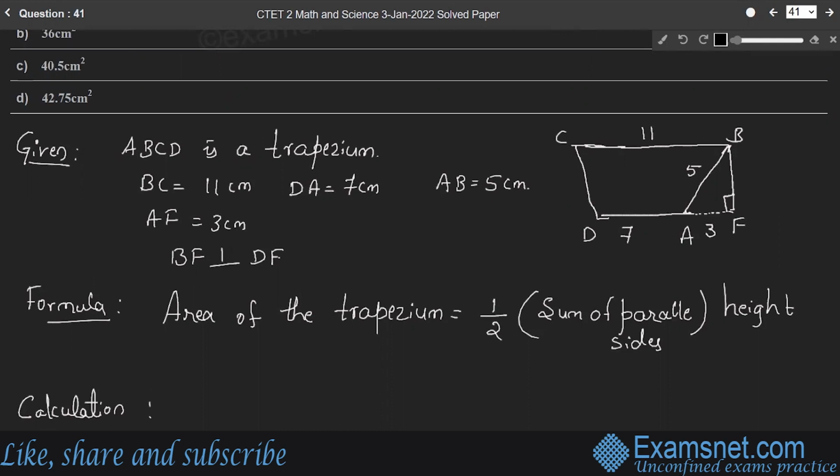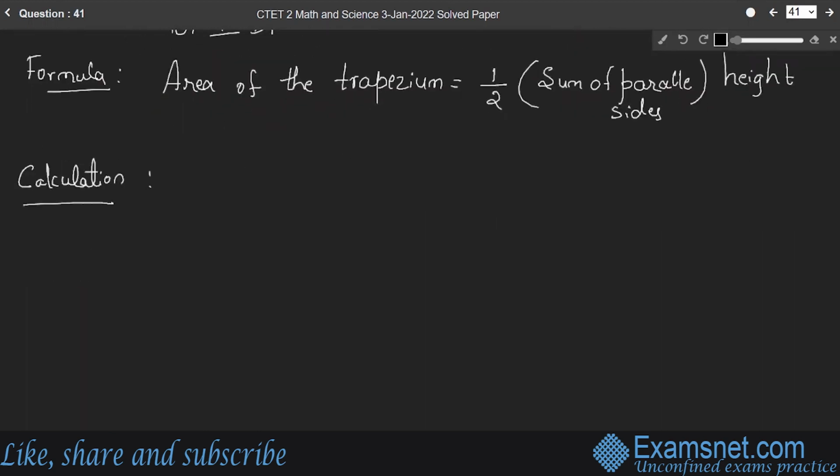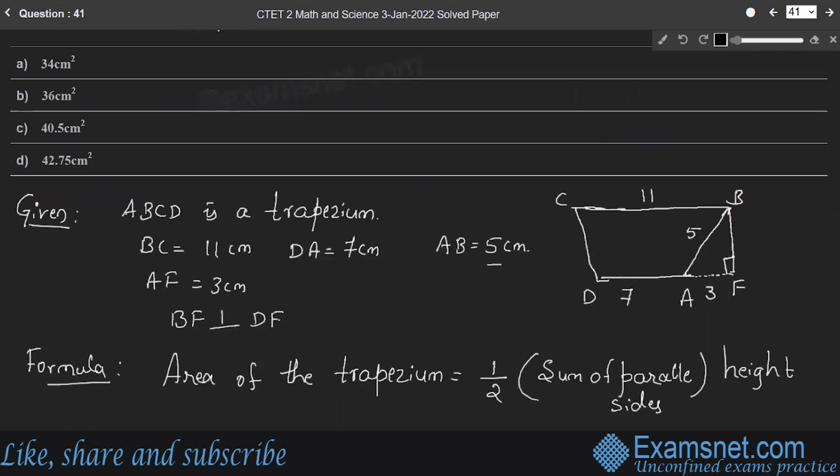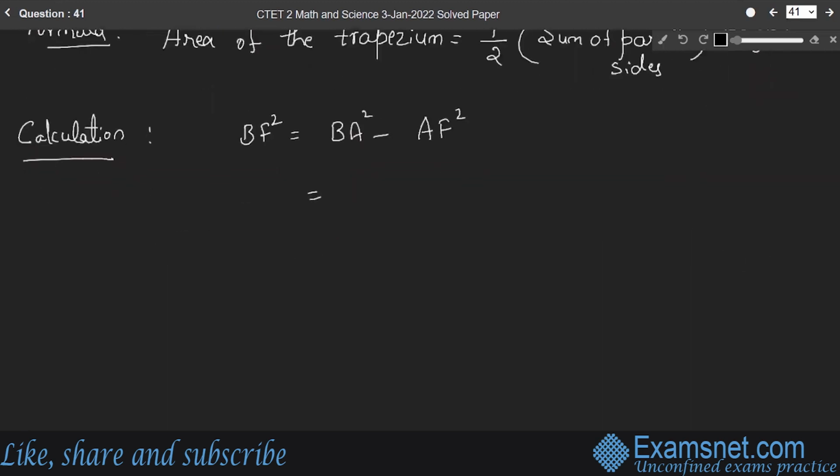BF square is equal to BA square minus AF square. Given that AB is equal to 5 centimeter, AF is 3 centimeter. So 5 square minus 3 square, 25 minus 9. So BF square is equal to 16. Therefore, BF is equal to 4 centimeter.